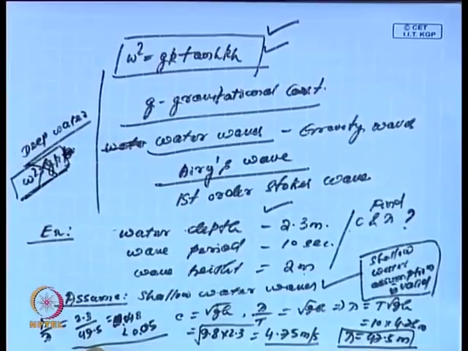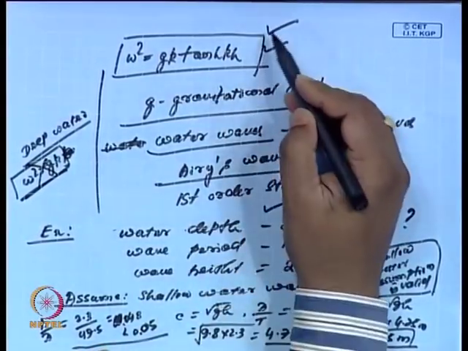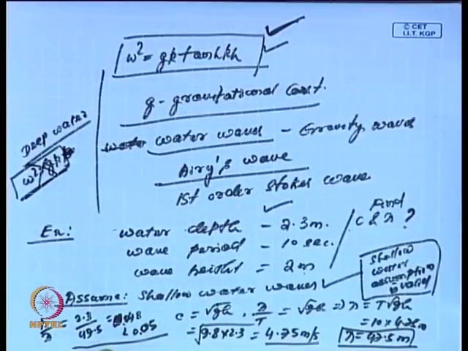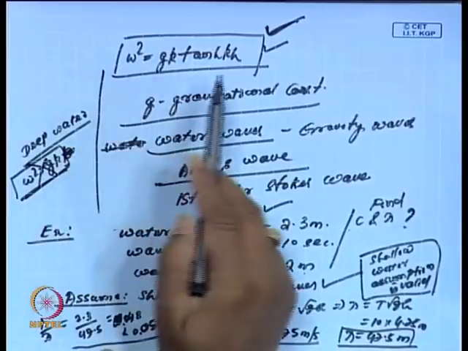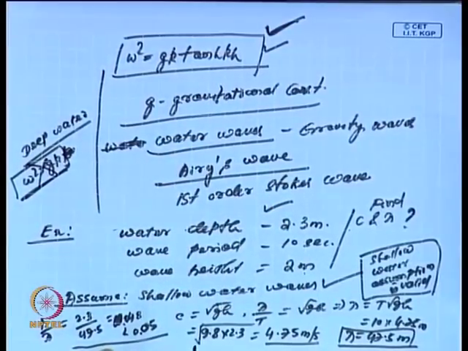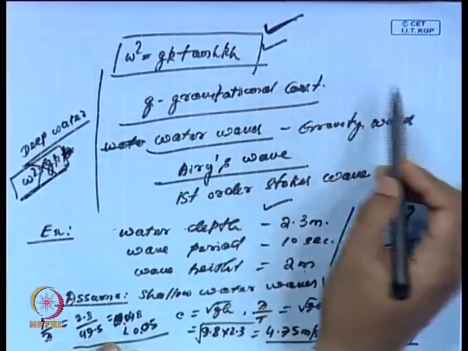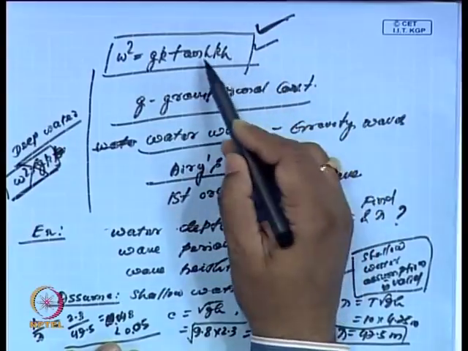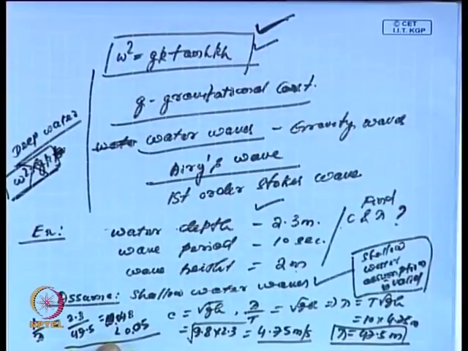On the other hand, if this does not hold good, then I have to directly solve this equation by a numerical method like the Newton-Raphson method. I can substitute for T, h and g and solve it numerically, and I request all of you to work out a few problems numerically to find how k is obtained using the Newton-Raphson method.